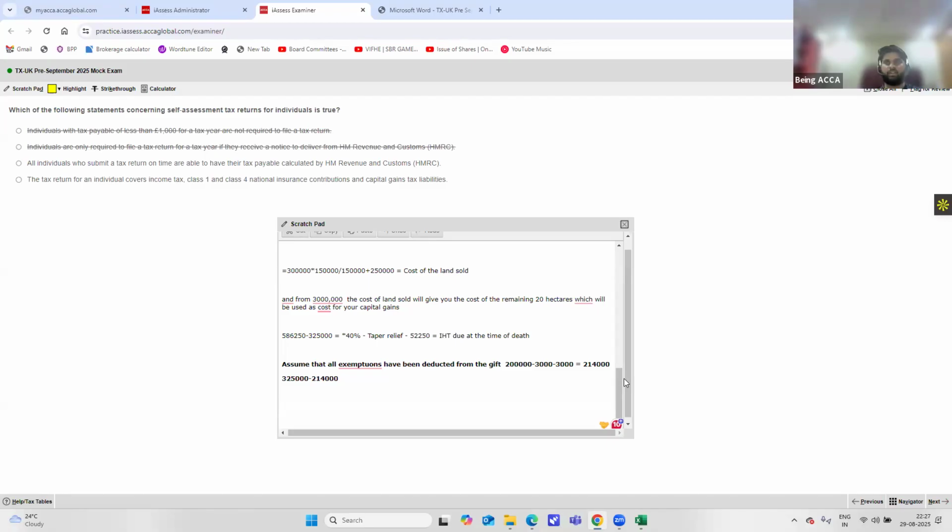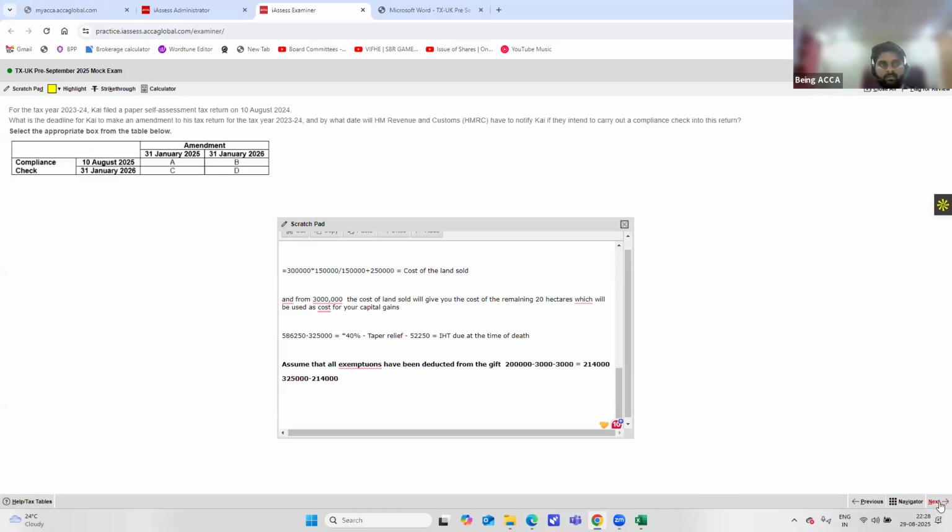Tell me the reason why you file it as payment on account, and on what basis do you calculate your payment on account liabilities? Is payment on account calculated based on your previous year's tax return liability? Is that correct? Yeah.